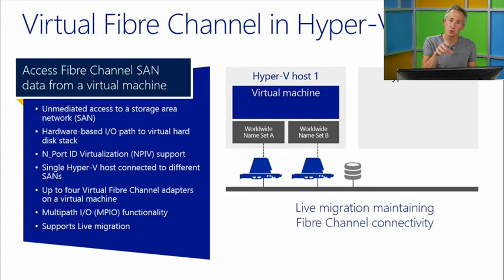In Windows Server 2012 and now in R2, the virtual Fibre Channel capability enables you, the administrator, to create on your Hyper-V hosts a virtual SAN effectively, and create for your virtual machines virtual HBAs. And these HBAs inside the VMs hook right on to the Fibre Channel storage that's underlying the infrastructure.